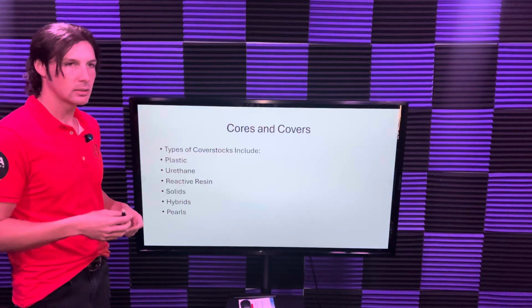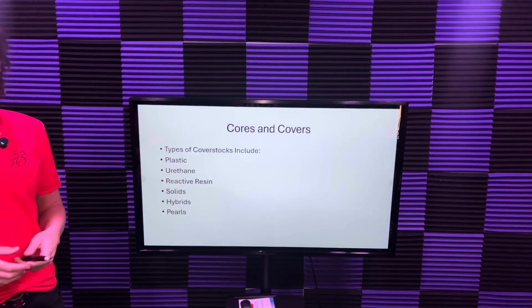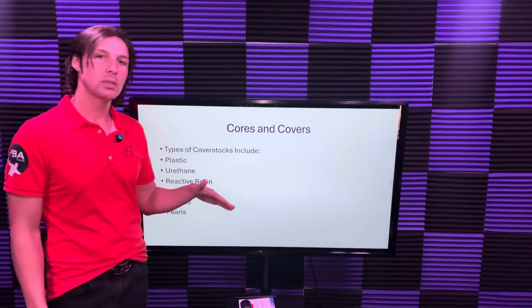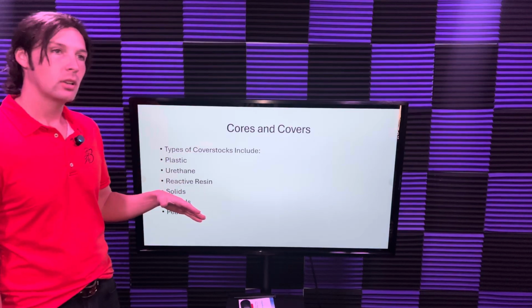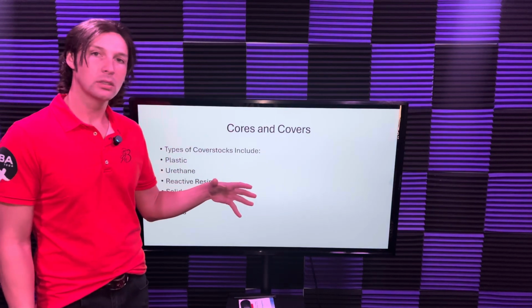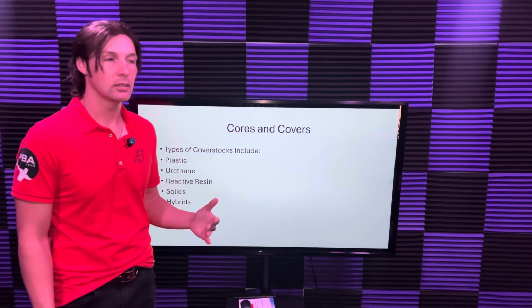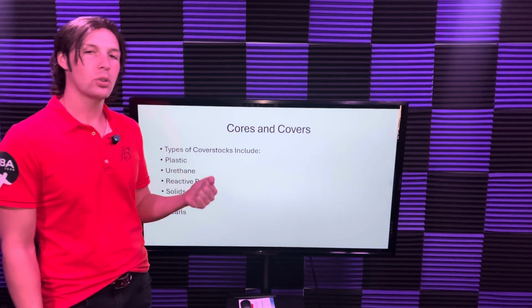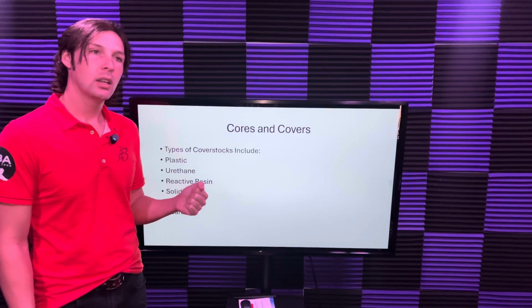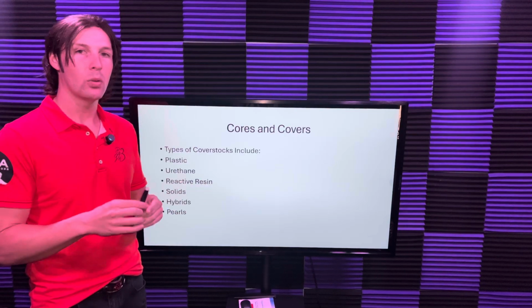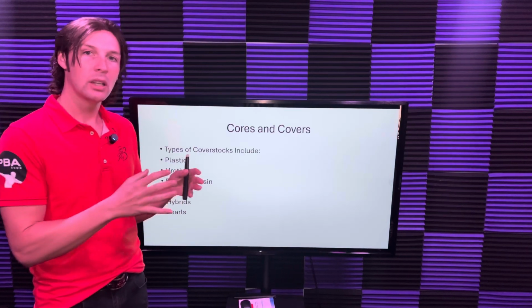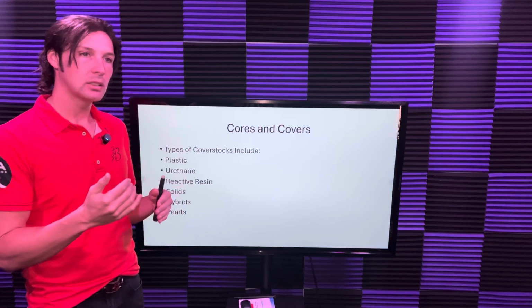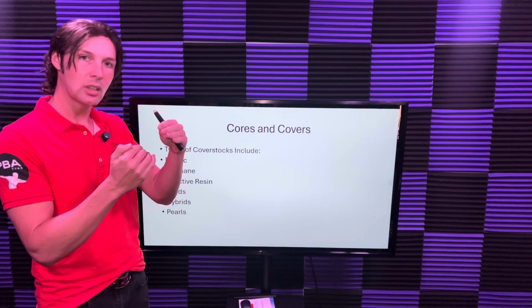And then solids, hybrids, and pearls are the different types of covers that reactive resin has. A solid will be more controllable typically. A hybrid is the best of both worlds, right in the middle between a solid and a pearl.